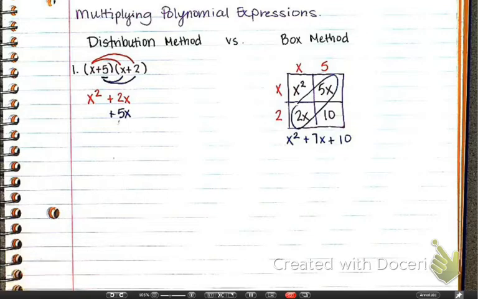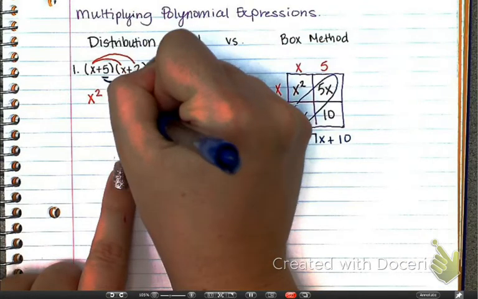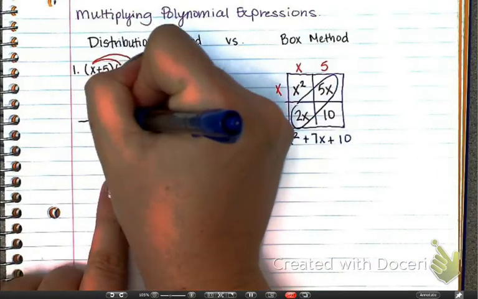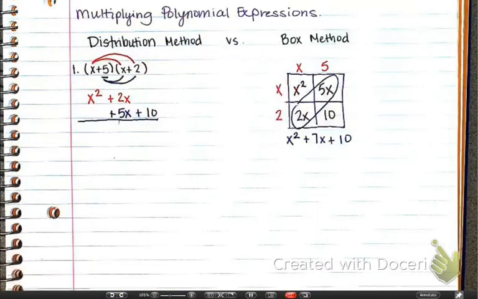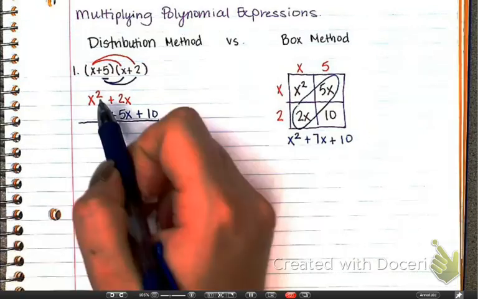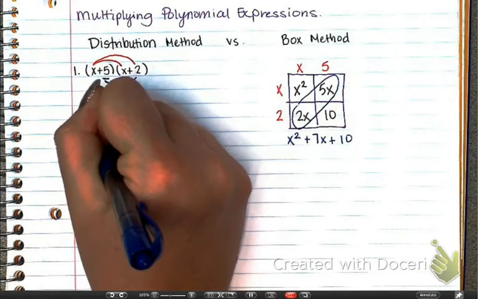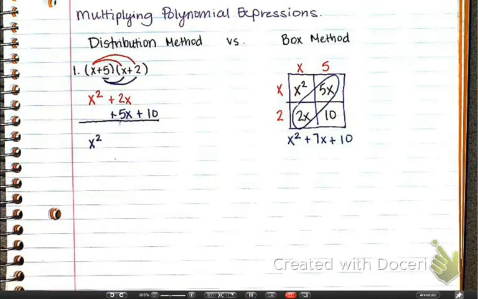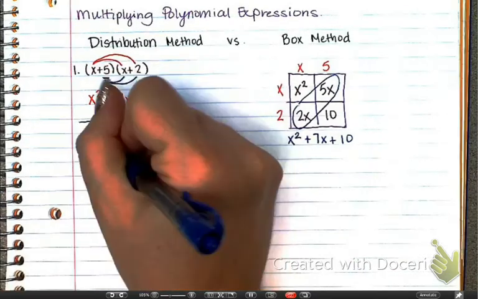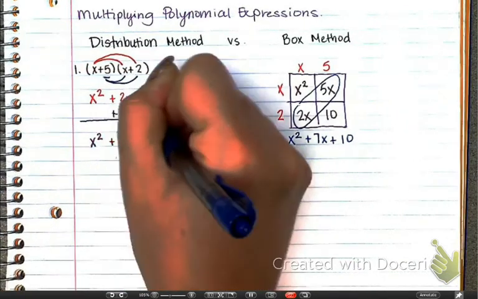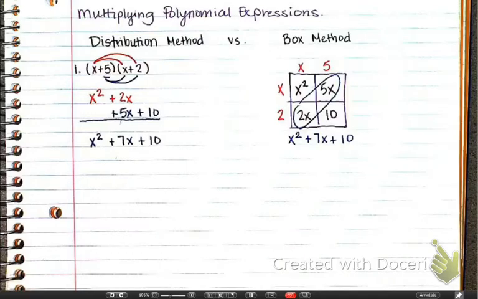And then 5 times 2 is 10. So now my like terms are on top of each other, and I can add down. I have nothing to add x squared with, so I'm going to keep x squared. 2x plus 5x, 7x. And then I have my 10.